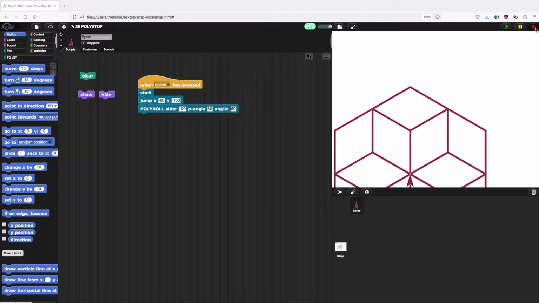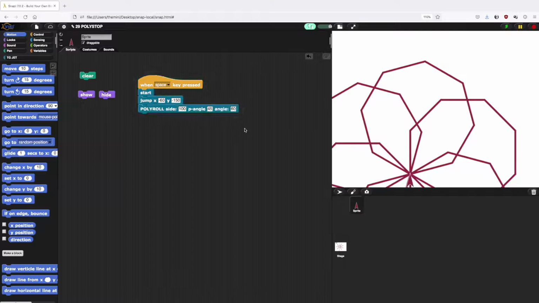And now you can see that the side length is 100, and my internal angle, in this case the polygon angle, is 45, which yields, as you can see, an octagonal shape.